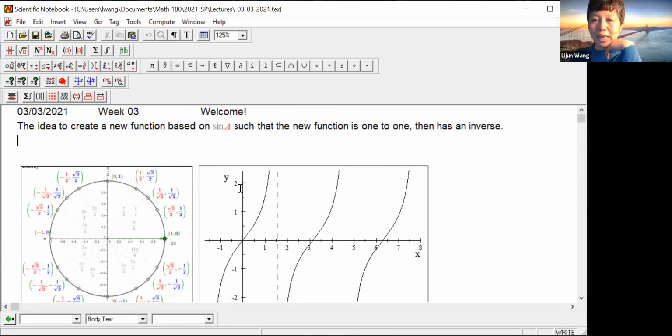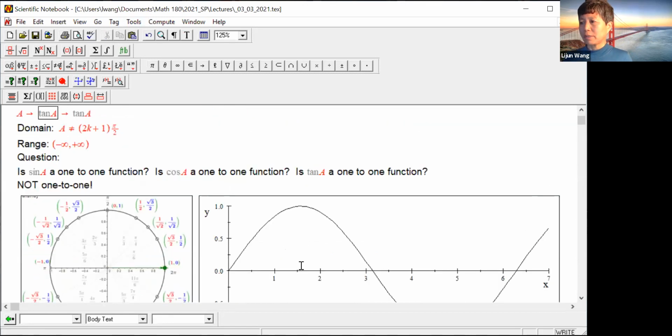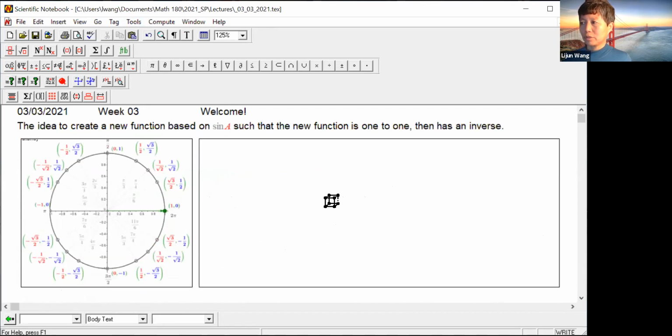So how do we create it? We're close to the end of the class, but I'm going to give you the idea from two different perspectives. The first perspective is the unit circle. The second perspective is the curve.